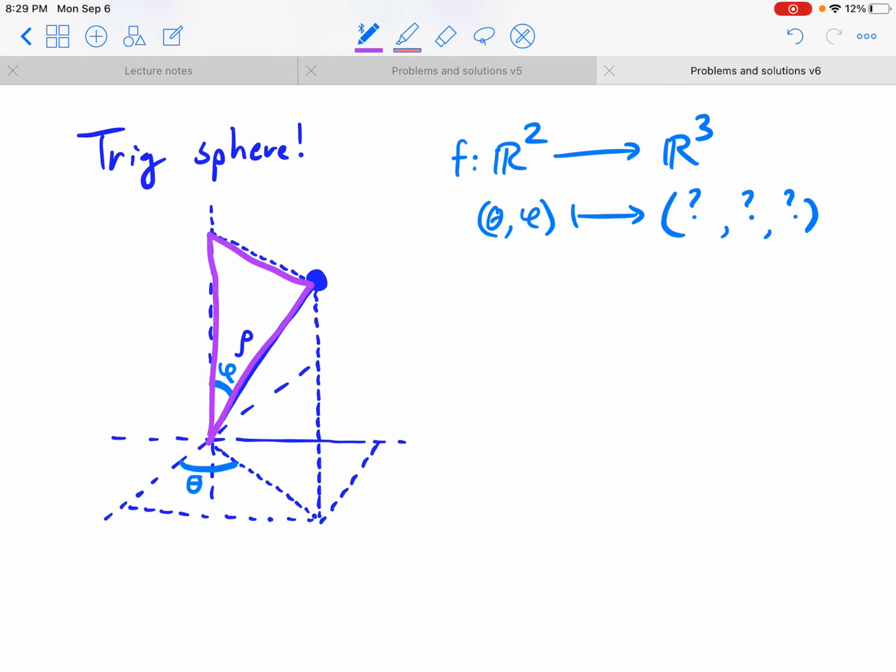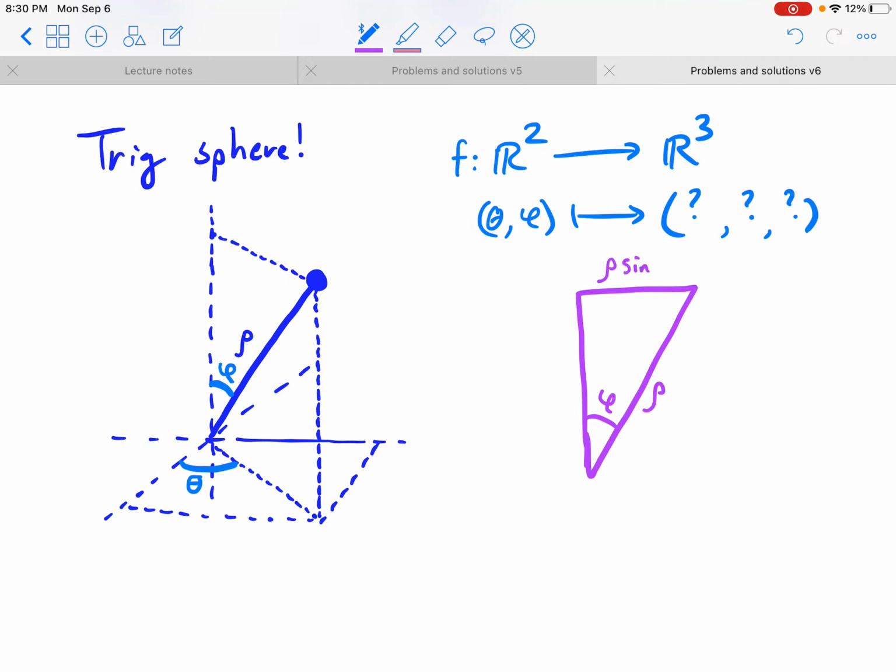So I'm going to redraw this triangle here. And it's one of our familiar triangles. So here is my psi, here's rho. And then immediately, this is one of those things you memorize, as I said before.